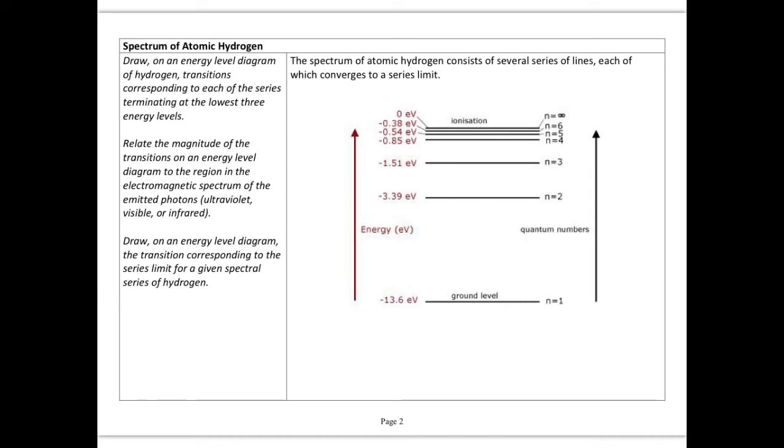So firstly, when we excite the hydrogen, the atom then obviously relaxes and it releases light. And we can get this first series, which is where the atom relaxes all the way back to the ground state.